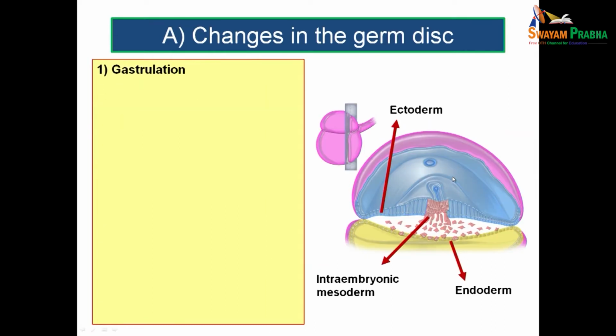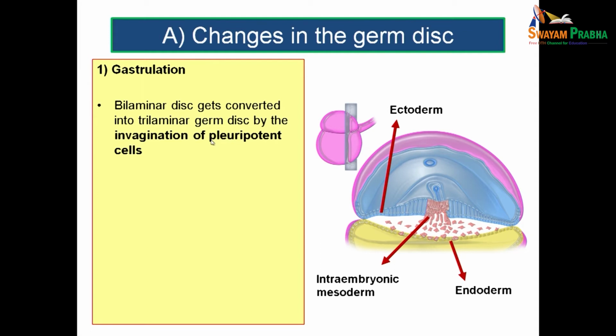Now, the bilaminar germ disc gets converted into trilaminar germ disc by the invagination of pluripotent cells from the epiblast. Pluripotent cells are the cells which are capable of giving rise to any sort of cells. So, ultimately you get three germ layers.